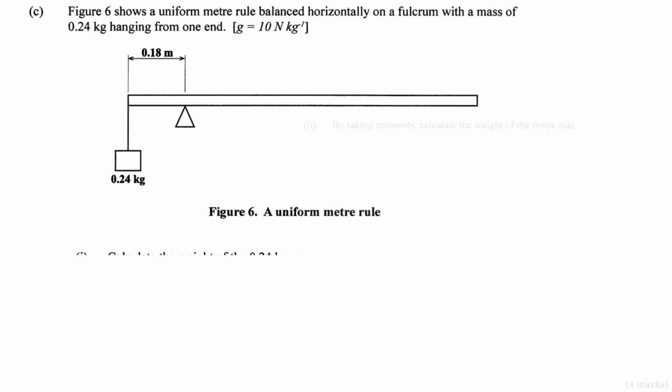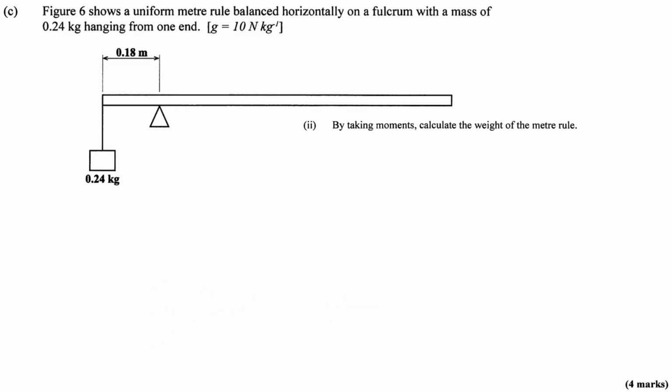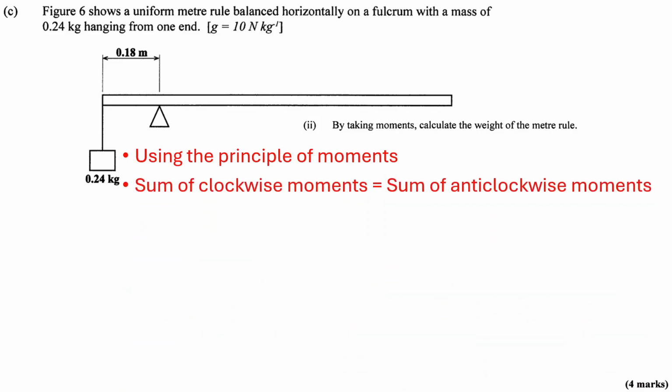Part 2 of part C, by taking moments, calculate the weight of the meter rule. So if we take moments about the pivot and use the principle of moments, we can say that the sum of the clockwise moments is equal to the sum of the anti-clockwise moments.